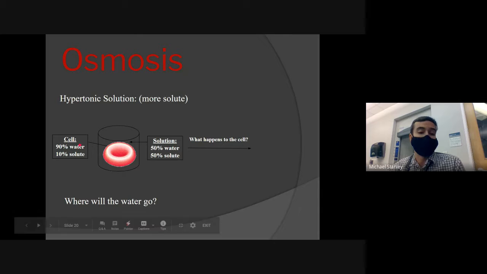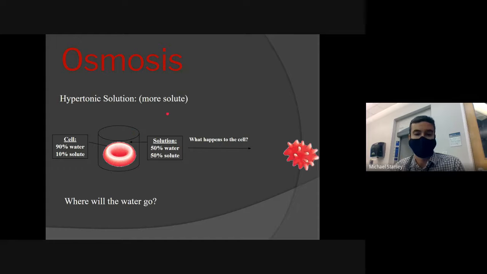So the water is going to go from the 90% out to the 50%. So the cell is going to lose water in this situation. It's going to become shriveled up, essentially. Like when you take a grape and you dry it and turn it into a raisin, same basic idea is going to happen to this cell.